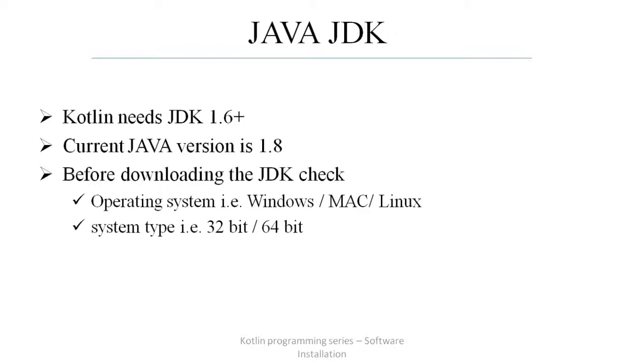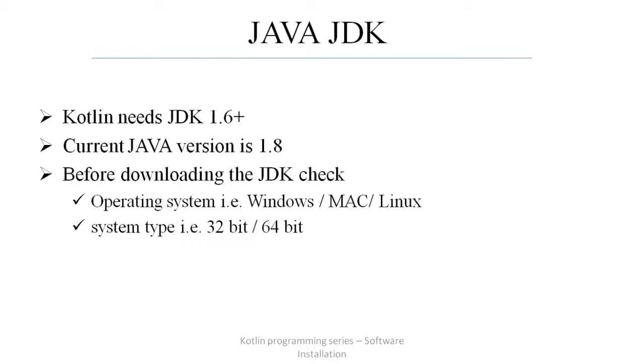That means if you are running on a Windows machine and if it is of a 32-bit, then we have to download the JDK of Windows 32-bit, and this can be downloaded from Oracle's official website. The link to download the JDK is mentioned in this video description.